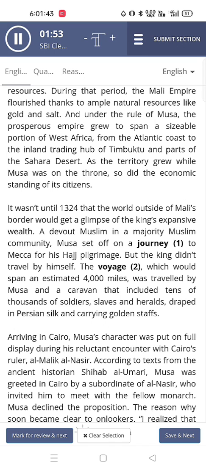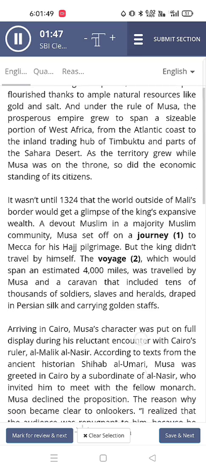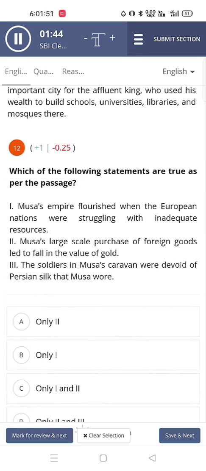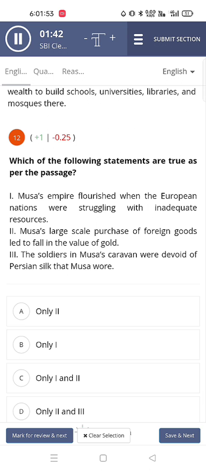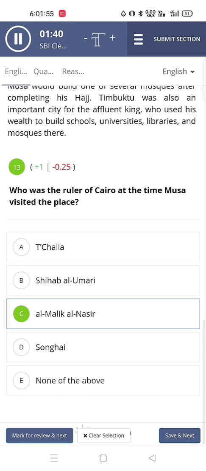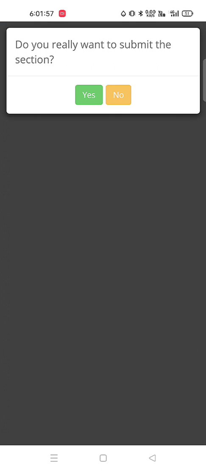Here it is written that Musa and a caravan that includes tens of thousands of soldiers, slaves and heralds were draped in Persian silk. But they were draped in Persian silk, and here it is written devoid. It means only second is true.